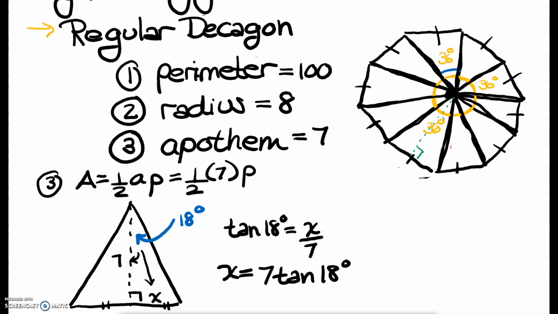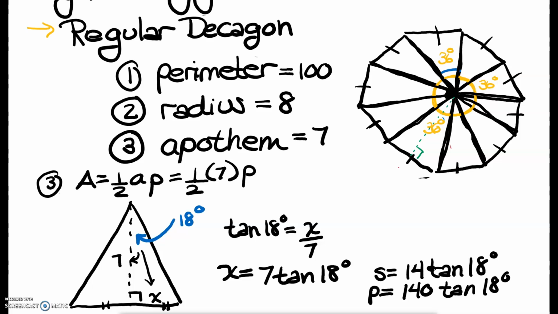So now what am I going to do? I have to calculate the perimeter first, so that's only half of one of the sides. A whole side is 14 times the tangent of 18 degrees. But I have 10 sides, so the perimeter is 10 times that, which is 140 tangent of 18 degrees.